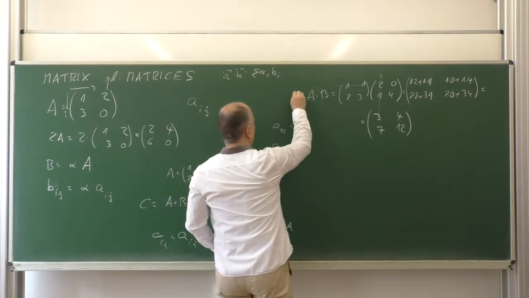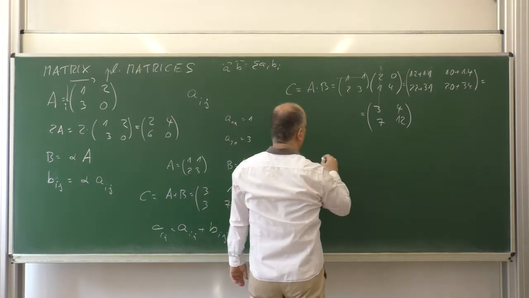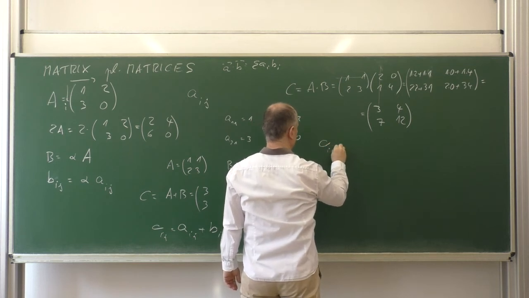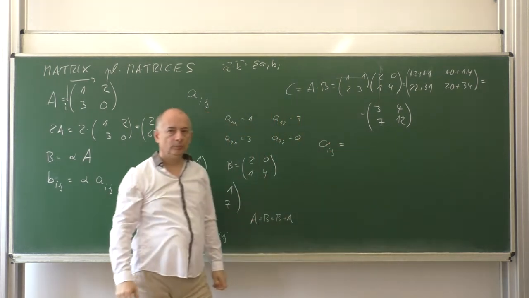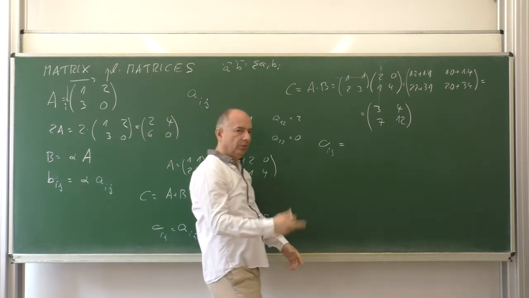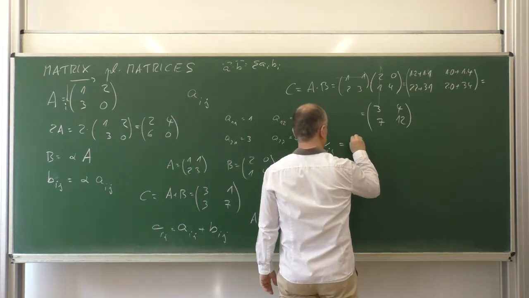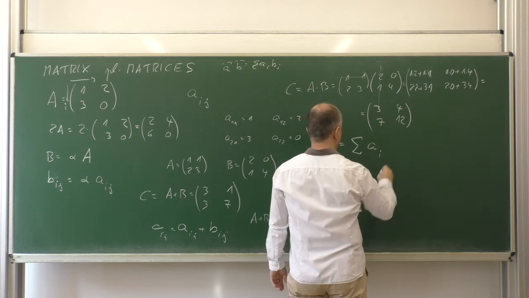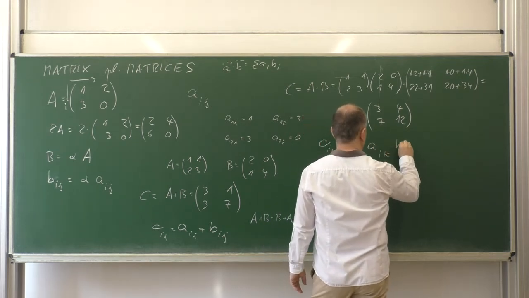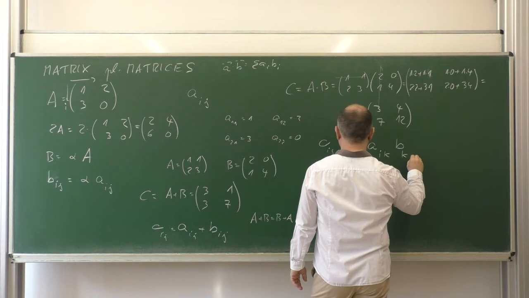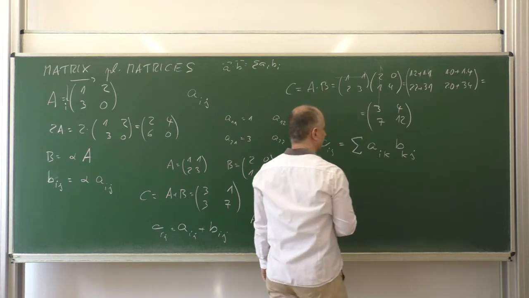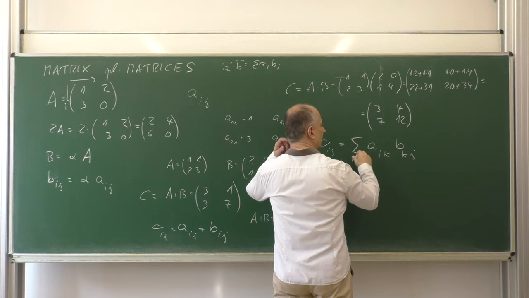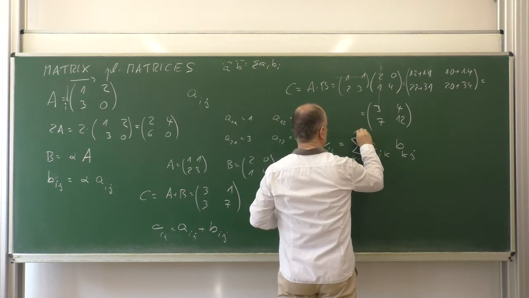So, if we call the product C, then we can say that C sub ij is the scalar product, that means the sum of the products A_ik B_kj, and k runs from 1 to the common dimension, let's call it N for the moment.